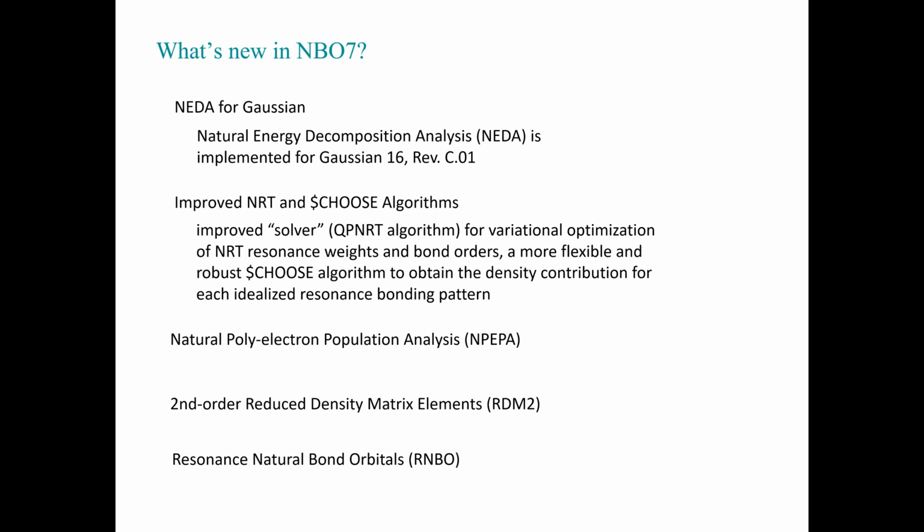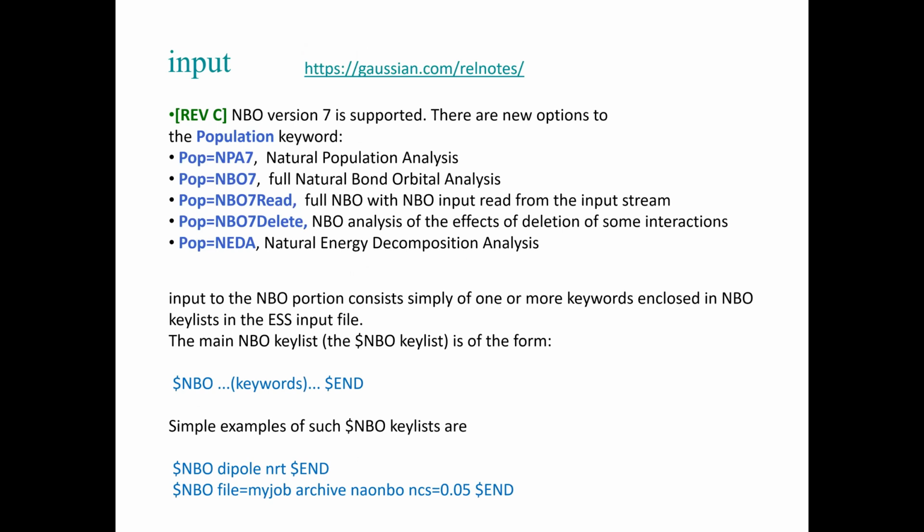So the most important thing for us is to do the simplest input, right? NBO7 is supported. So you want to use it, and the keyword is pop, for the populations.